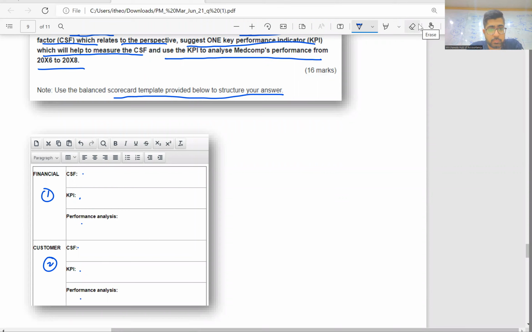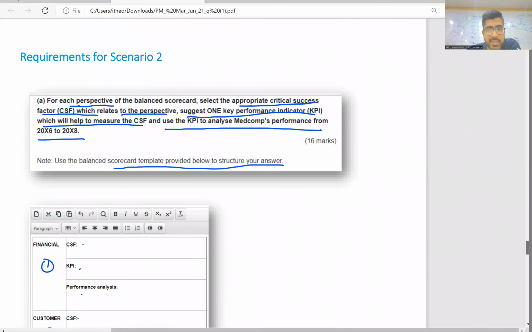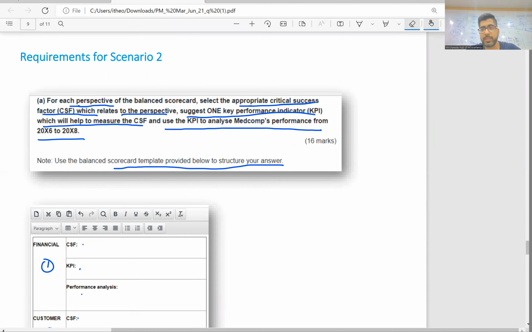Okay, so you have to use the template, and in the template, you have to obviously write the answers. So you have understood the nature of the question, that for each perspective, select the appropriate CSF. First job is this. Then one key performance indicator, which will measure that CSF, and use that KPI to analyze Medcomp performance. So everything in performance measurement is usually gathered from the question.